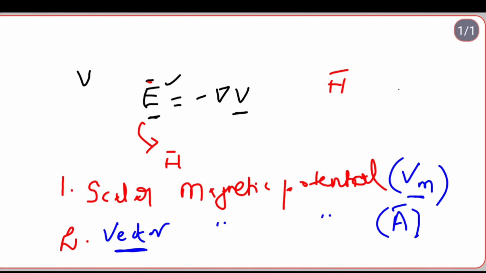There is no doubt at all. In case of magnetic fields, there are two types of potentials which can be defined: scalar magnetic potential and vector magnetic potential. The chapter name itself is magnetic potential, Unit 4.